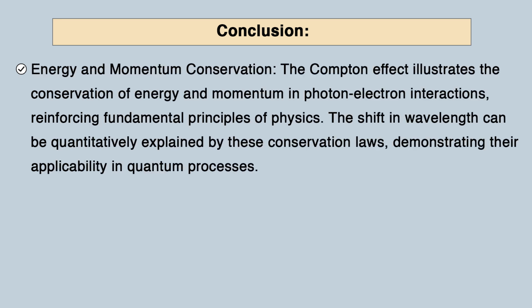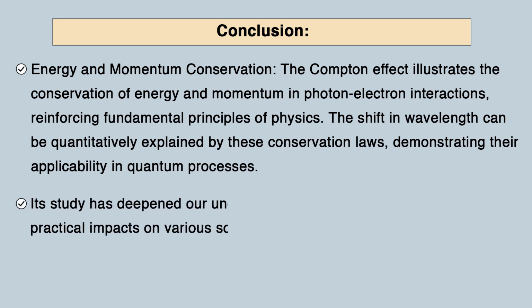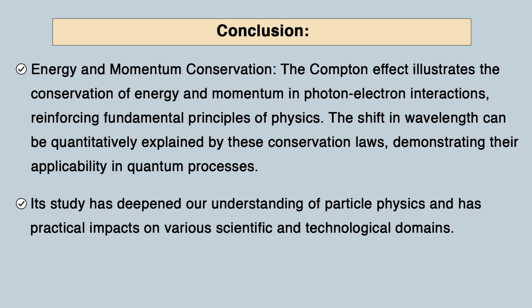Sixth point is energy and momentum conservation. The Compton effect illustrates the conservation of energy and momentum in photon-electron interactions, reinforcing fundamental principles of physics. The shift in wavelength can be quantitatively explained by these conservation laws, demonstrating their applicability in quantum processes. Its study has deepened our understanding of particle physics and has a practical impact on various scientific and technological domains.